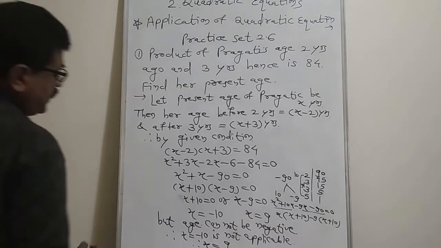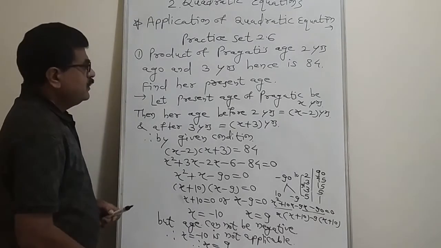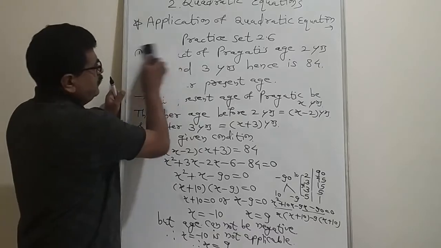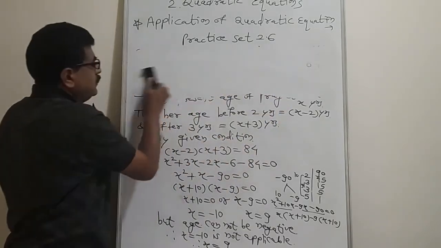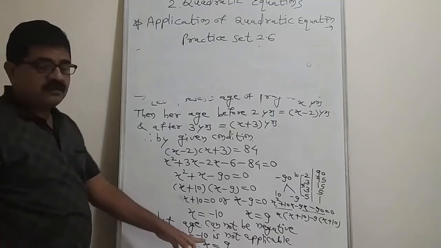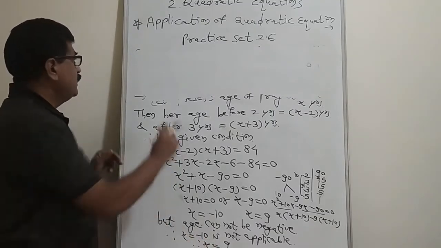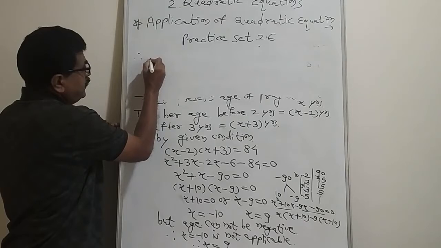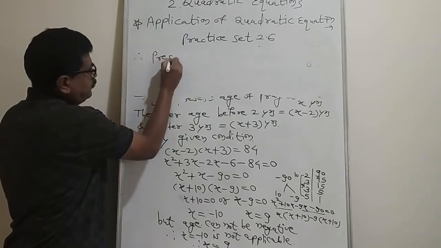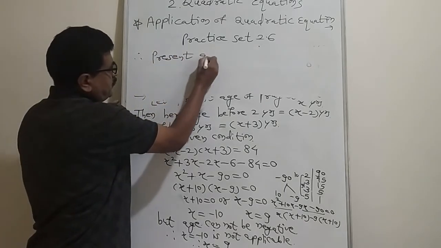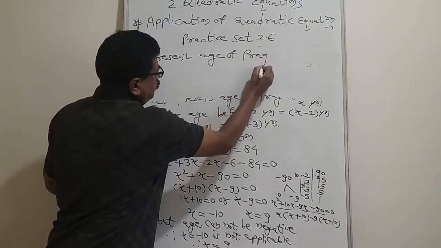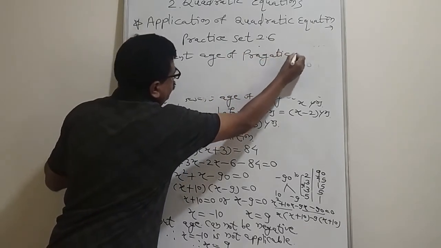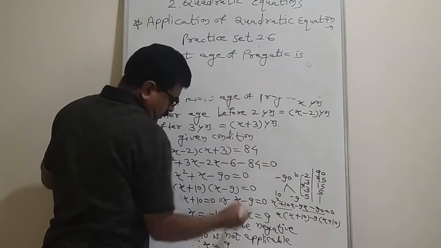Therefore, value of x is equal to 9. Now we find value of x. Therefore, write down answer. Therefore, x is the present age of Pragati. Therefore, present age of Pragati is 9 years.